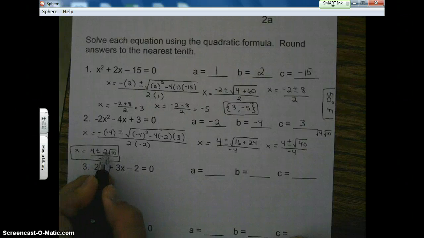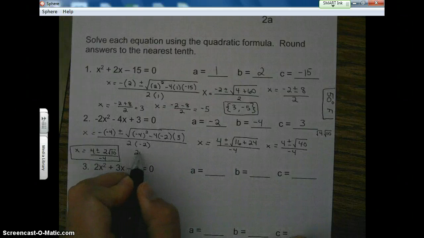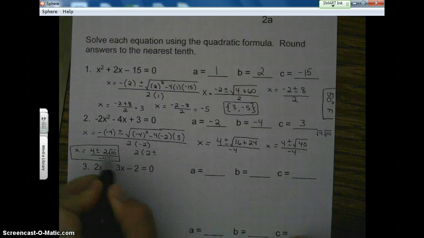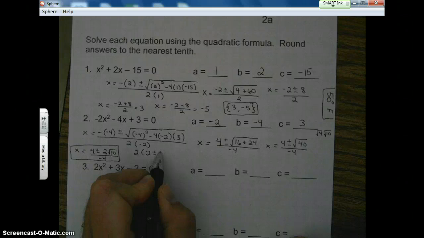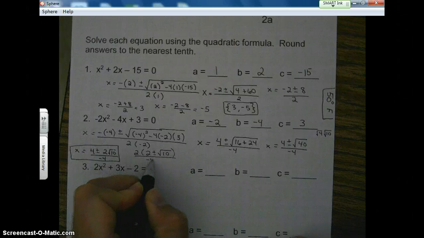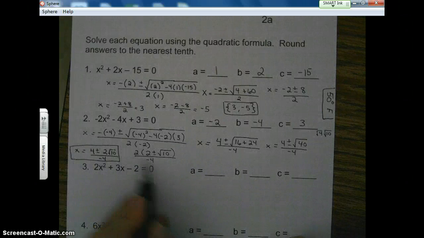So 2 would be a common factor. If I factor a 2 out of 4, I get 2. If I factor a 2 out of 2, I get 1, over negative 4.